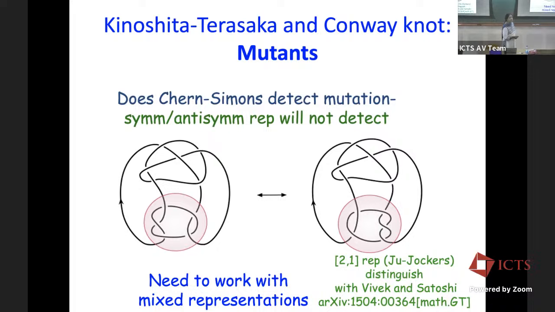Since they had the data, and we know our formal invariant for any representation, any group, we replaced SU3 and put this representation data into it. We explicitly showed that this polynomial and this polynomial were different. So Chern-Simons is really classifying examples which the conventional Jones, HOMFLY, and Kauffman could not distinguish.